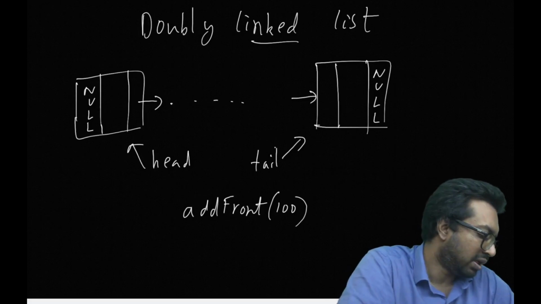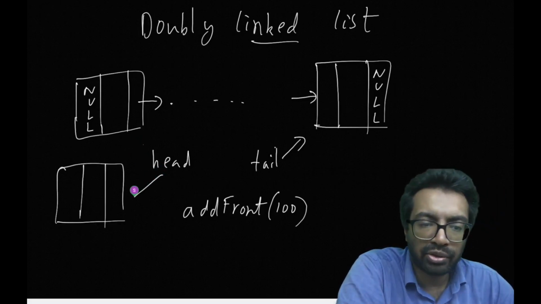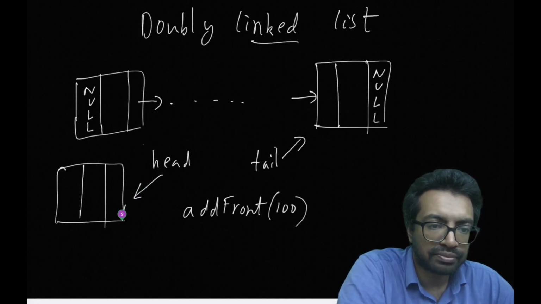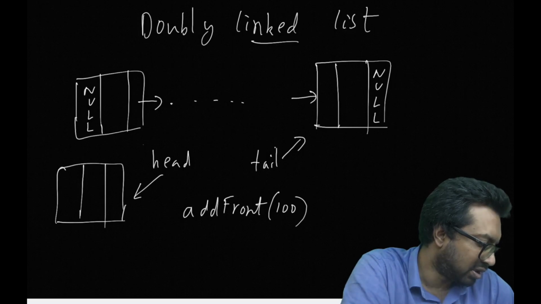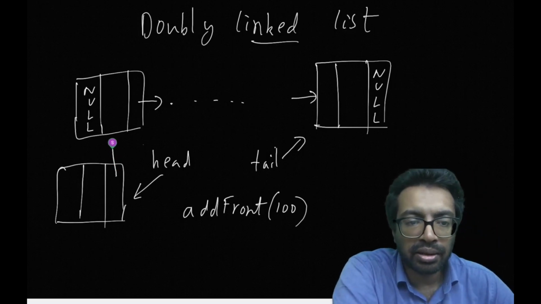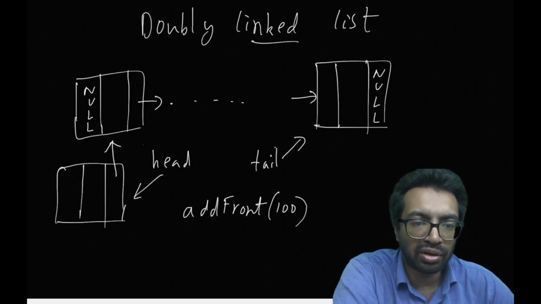So what will I do? I create a new node, I point head to that node, and its next will point to the node which was previously the head node.